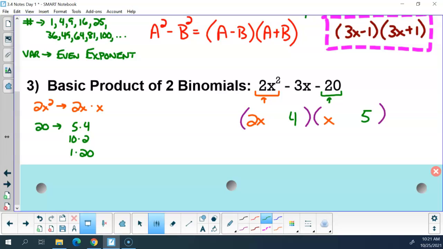And you multiply these two together, and you get 4x. You multiply these two together, and you get 10x.